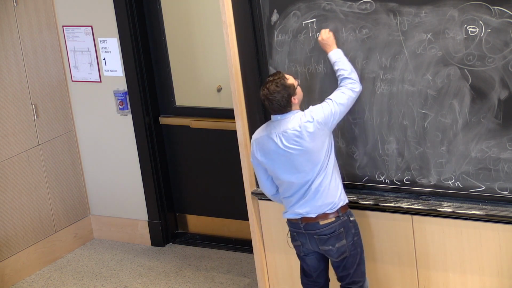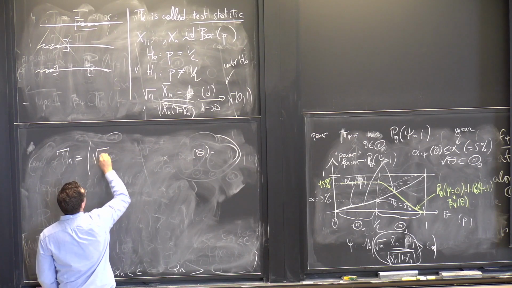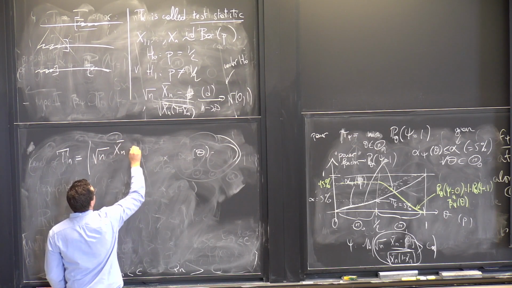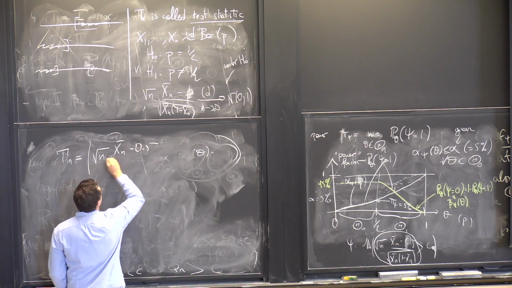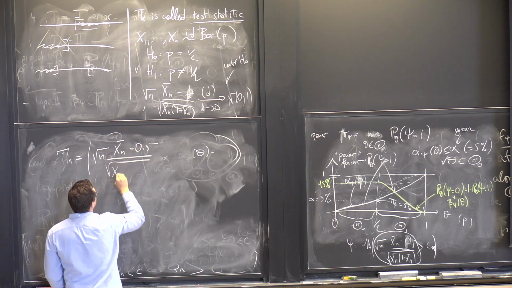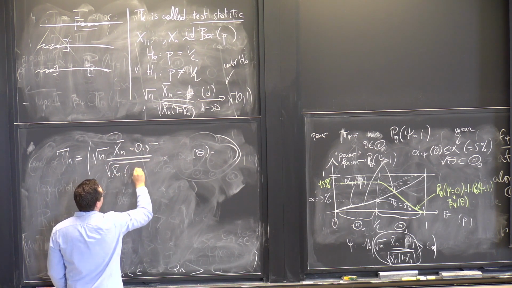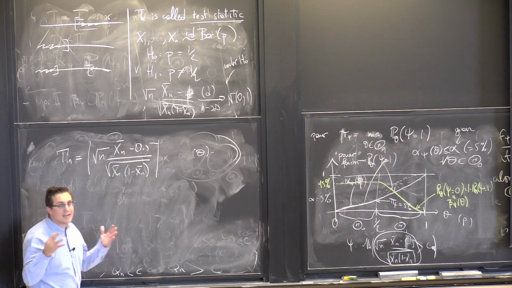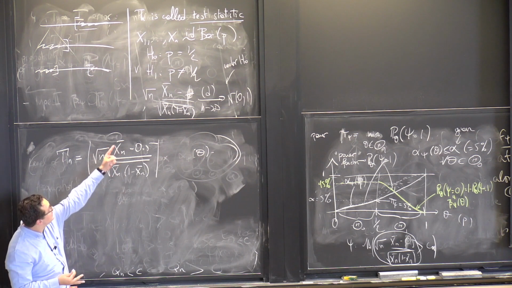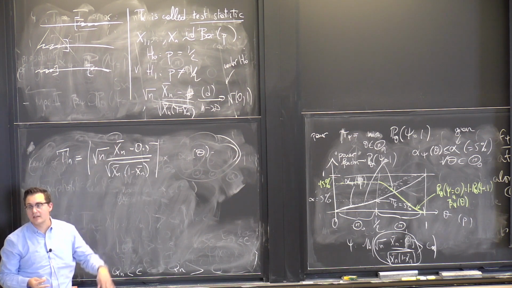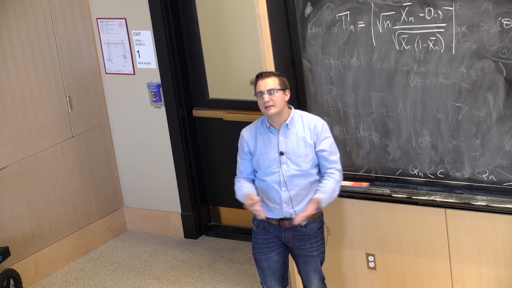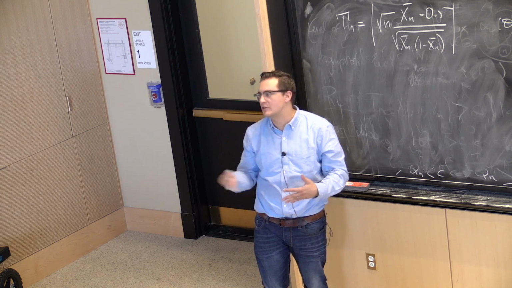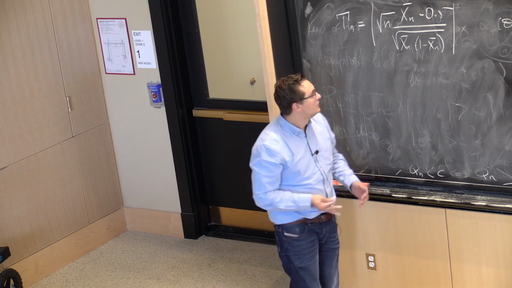Okay? So my test statistic is going to be square root of n, xn bar minus 0.5 divided by square root of xn bar, 1 minus xn bar. That's my test statistic, absolute value of this guy, because I want to reject either when this guy is too large or when this guy is too small. Right? I don't know ahead whether I'm going to see p larger than 1/2 or less than 1/2.